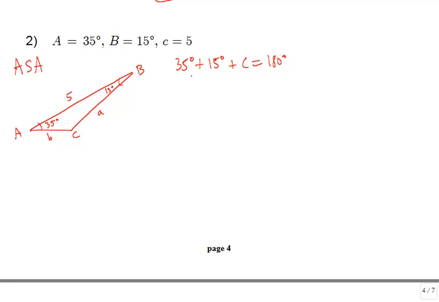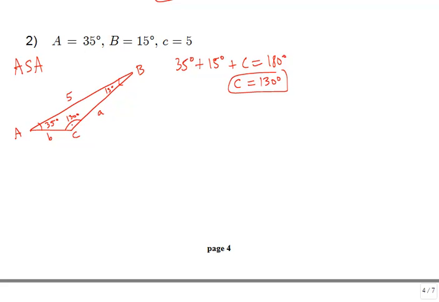So if we add 35 and 15, we're going to get 50, and when I subtract that from the other side, we get angle C is 130 degrees, which is an obtuse angle, which looks good with my picture here, the way that I've drawn it. Now, because I now know angle C, I have a pair that go together. I have an angle and its opposing side that I know both of the values for. So that's the starting point of your law of sines proportion.